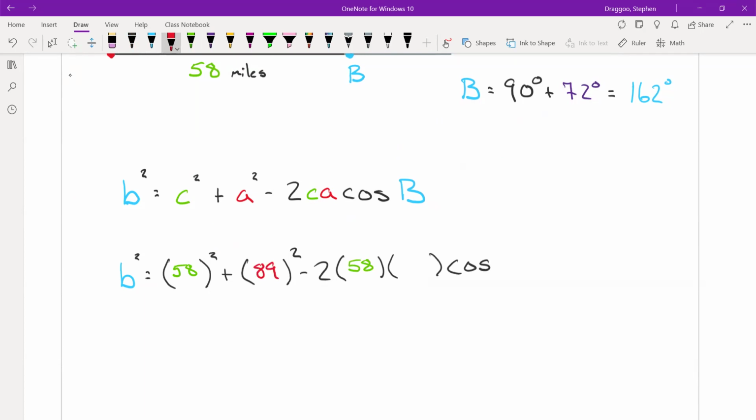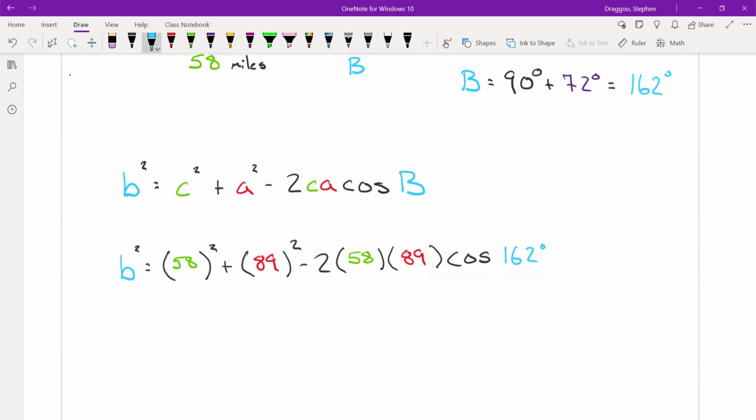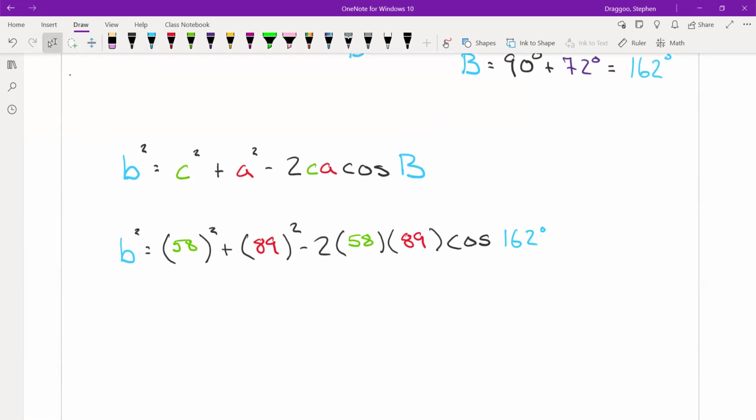It goes here and here. Angle B, 162 degrees. That's what we're plugging into cosine. And from here, that's all just a calculator problem. Plug all that in. Once you're done, take the square root of that number. I got 145.27 miles.